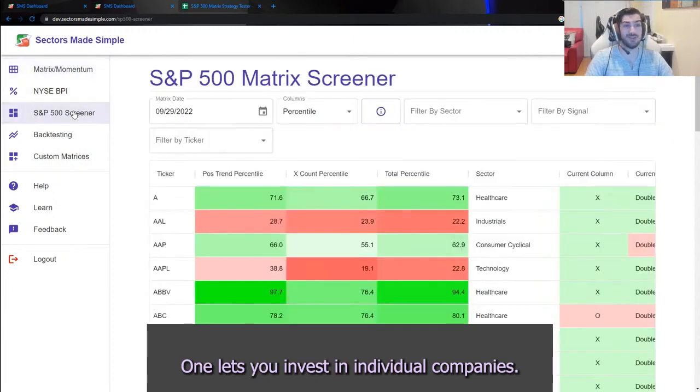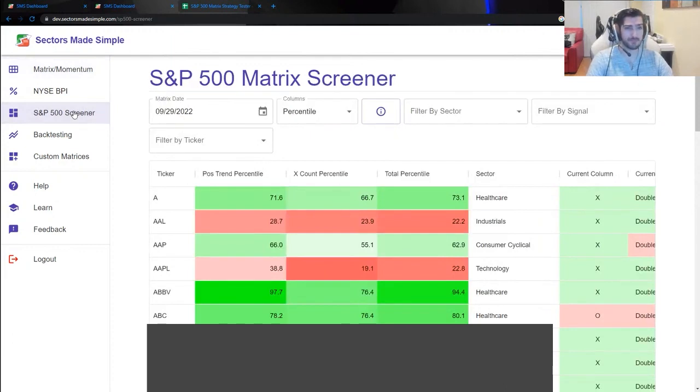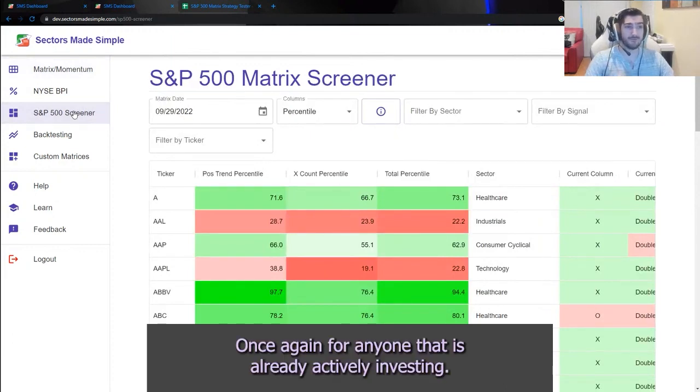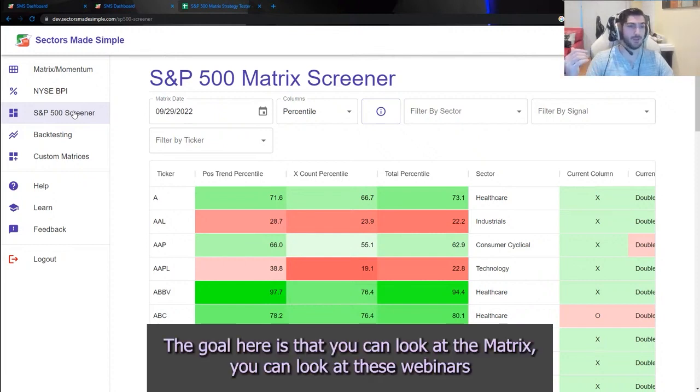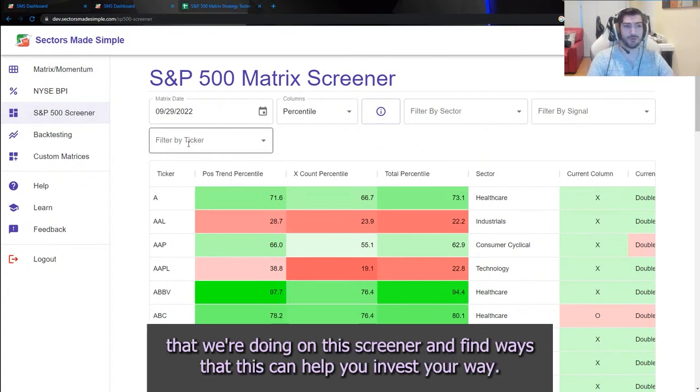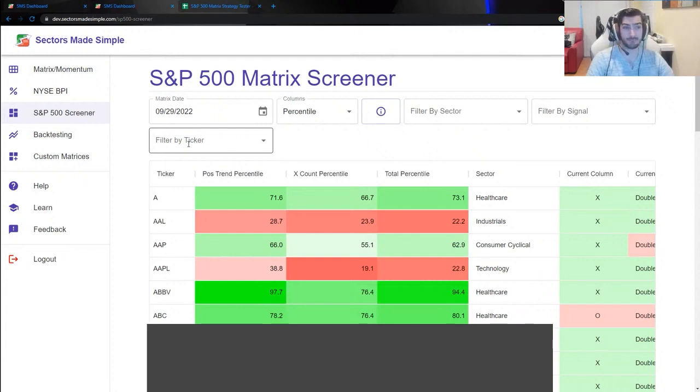One lets you invest in individual companies. Once again, for anyone that is already actively investing, I don't expect this strategy to take away from what you're already doing. The goal here is that you can look at the matrix. You can look at these webinars that we're doing on this screener and find ways that this can help you invest your way.